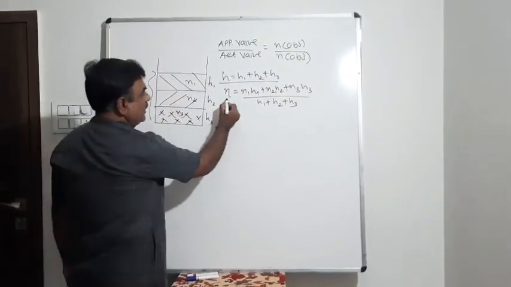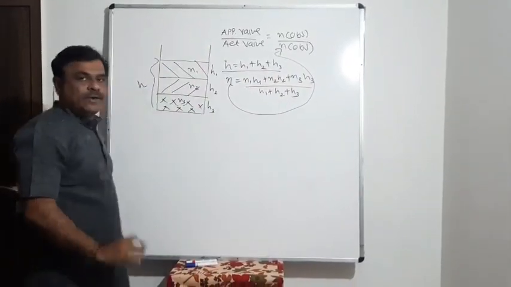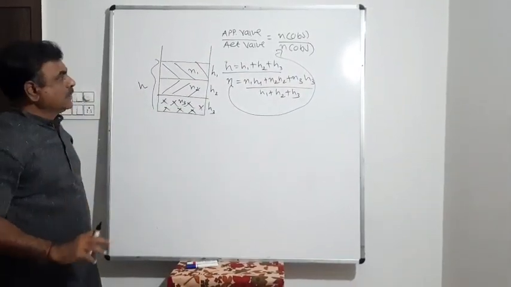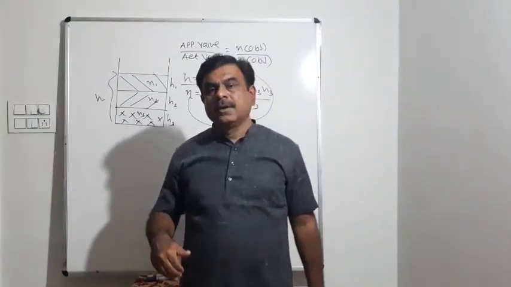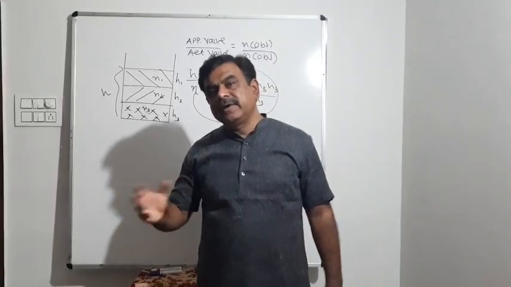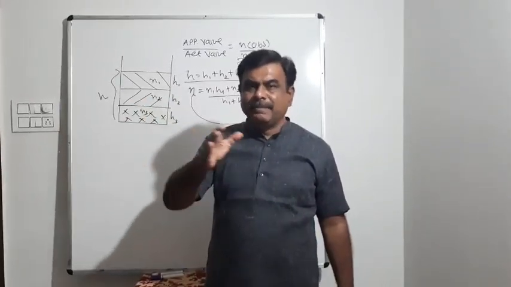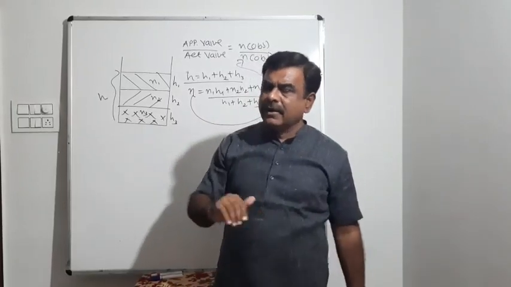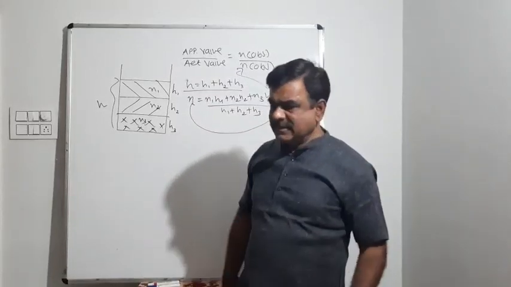Then this will act as your n of object. N of observer, if not given, you can take as 1. Yes, this was for apparent change in height and depth. Later on we'll combine it with image formation by mirror also, like if you are keeping a glass plate in the path of the light which is going to the mirror, how it affects. So right now this is the fundamental or basic concept.